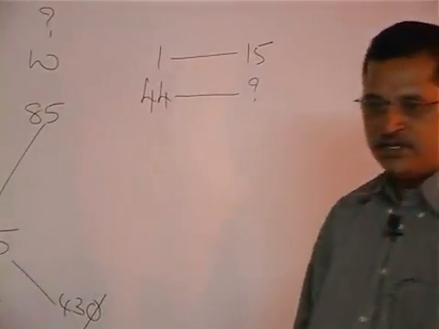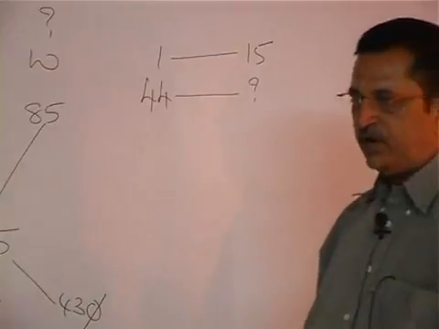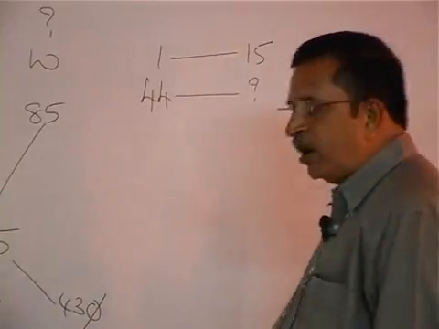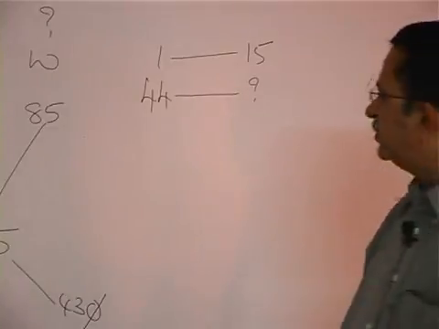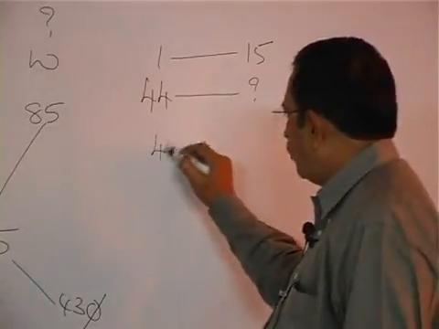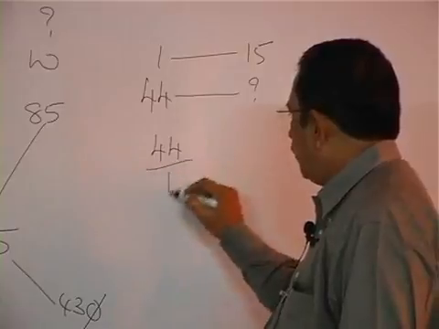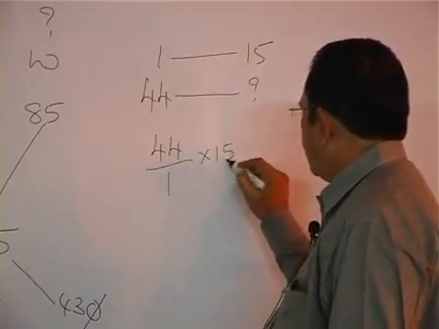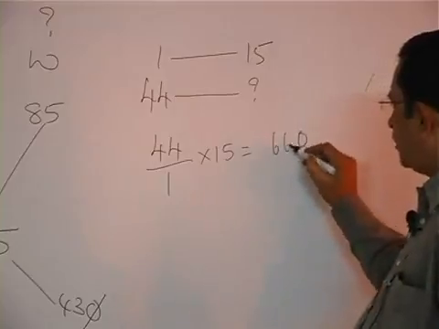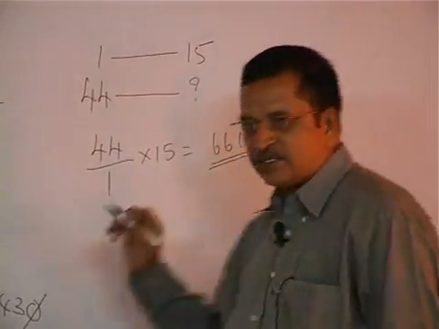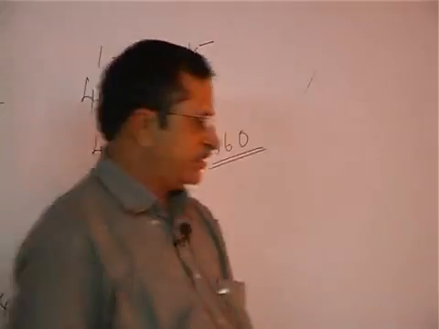One part is equal to 15, so 44 parts will be equal to how much? The value will be more. 44 into 15, how much? 660 members were there. 660.